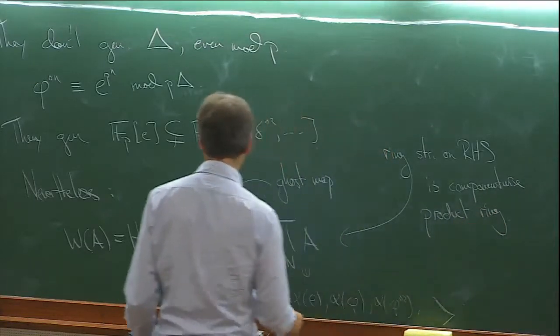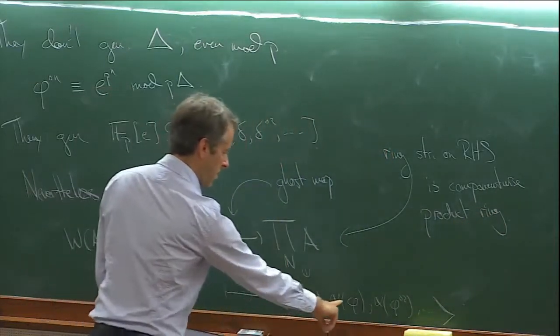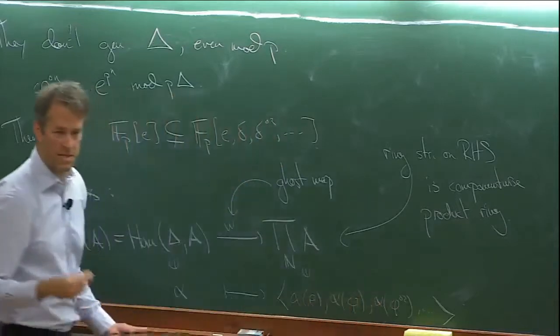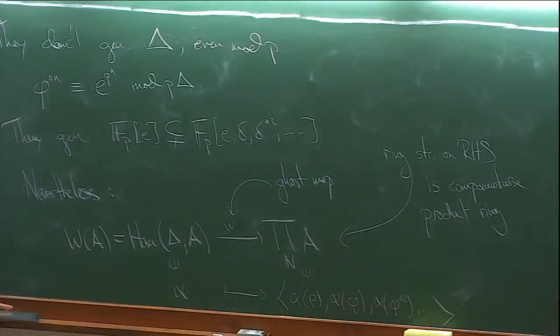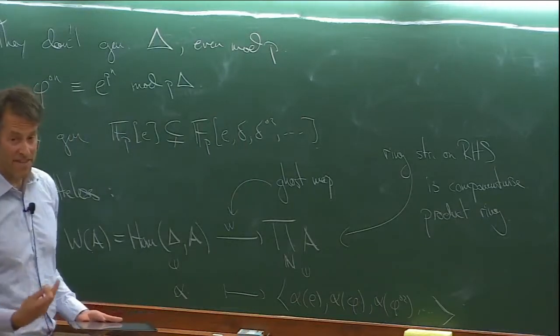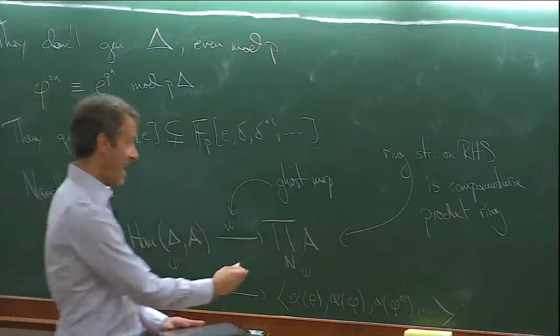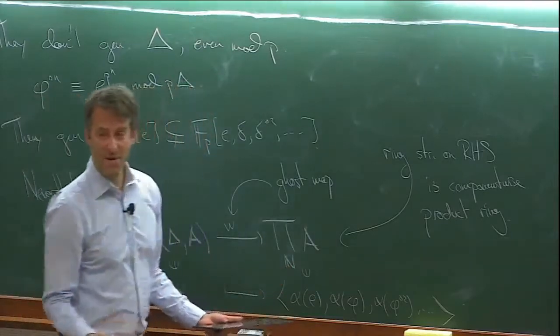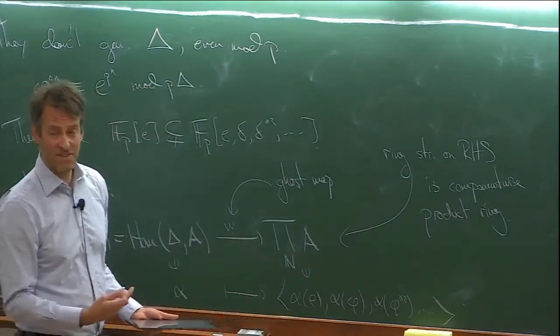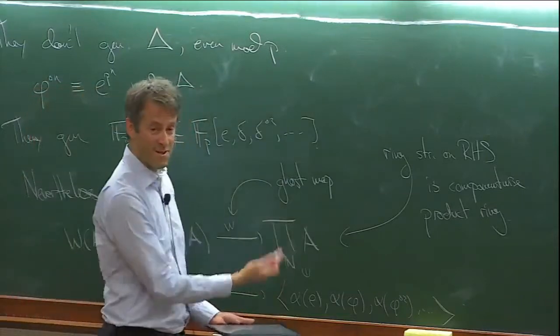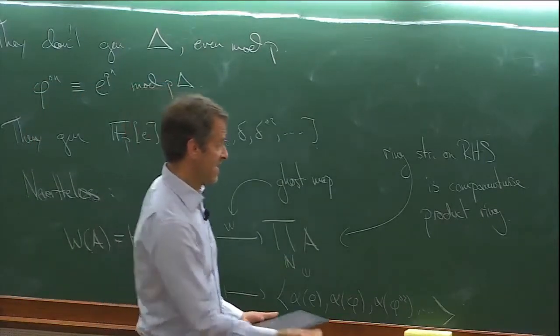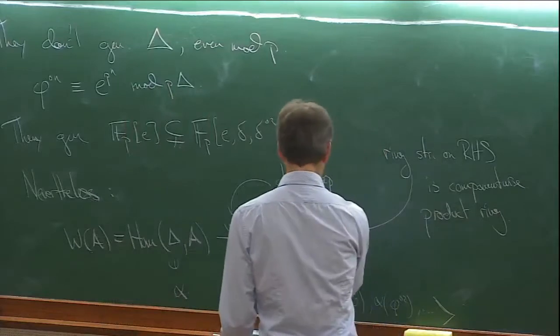This is because the ring structure is always encoded in the Leibniz rules of these operators, but these operators are ring homomorphisms. They're not p-derivations or something crazy like that. They're ring homomorphisms, so they're additive. Phi of x plus y is phi of x plus phi of y. That means the additive structure is component-wise, and they're multiplicative. Phi of x times y is phi of x times phi of y, so the multiplicative structure is also component-wise. So it's just the component-wise ring structure.